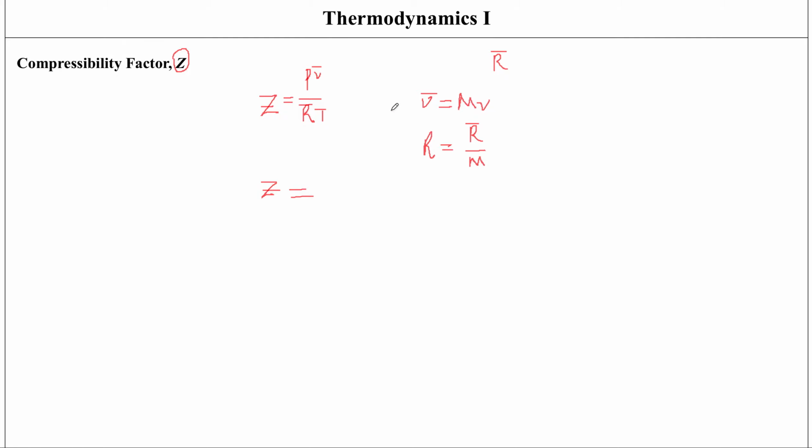So if I substitute both of these in here, then I could write Z in terms of just PV by RT now. Okay. And R is, like I said, a constant for the particular gas that we're looking at. Obviously, it will change depending on the molecular weight, and molecular weight changes for every gas that we're looking at.